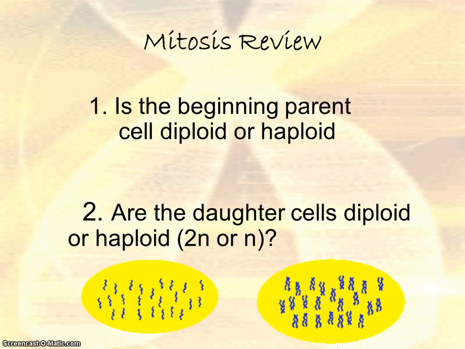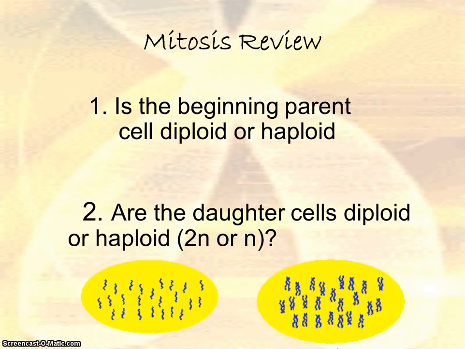Okay, so let's do a few more review parts to this. There are terms we haven't looked at before, like diploid and haploid. Diploid means that the cell is containing a full set of chromosomes in its nucleus, where haploid means it's containing half of a set. Okay. And so this first question is the beginning parent cell, the original cell, is it diploid or haploid?